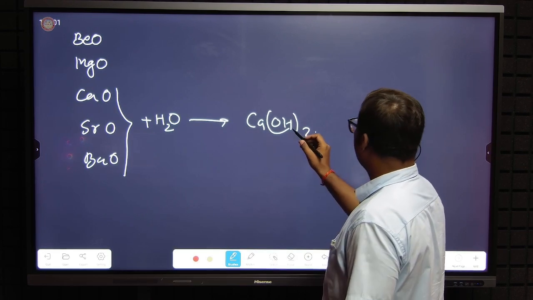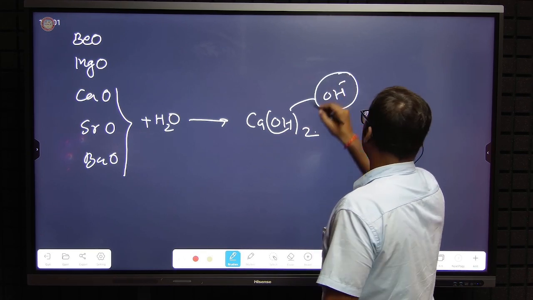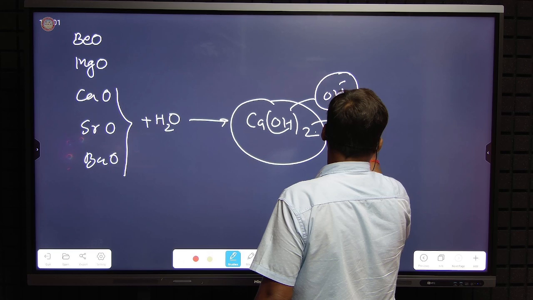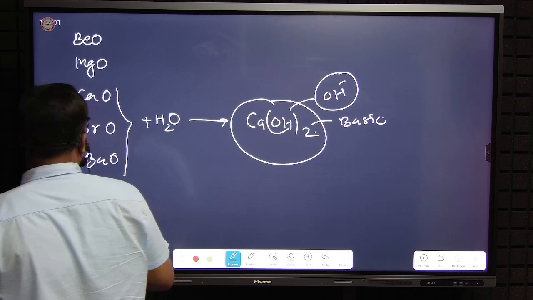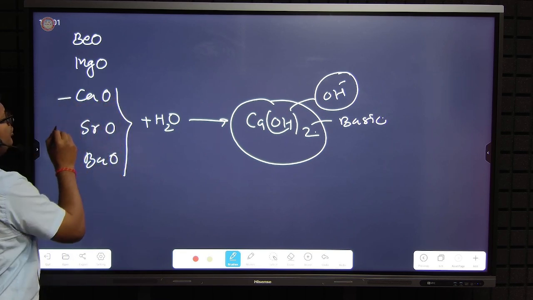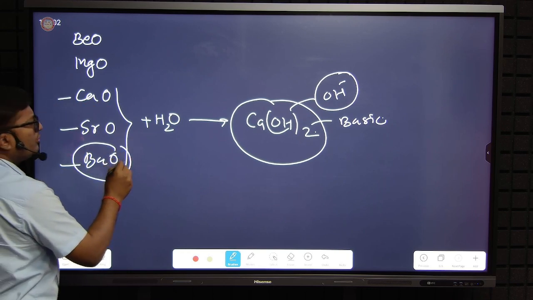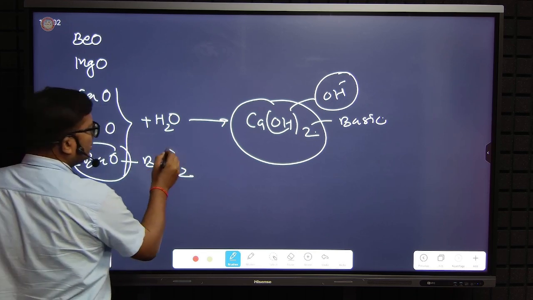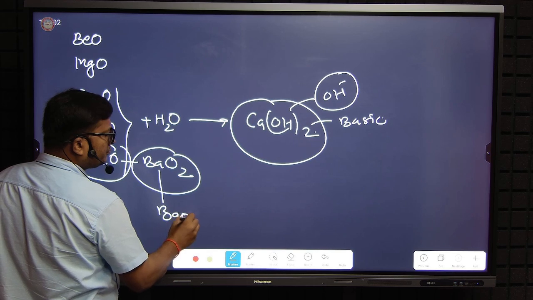Because of the presence of the hydroxide ion OH minus, this compound is basic in character, and basicity increases when we move from calcium to strontium to barium. So barium oxide is a strong base. So this is your basic compound.